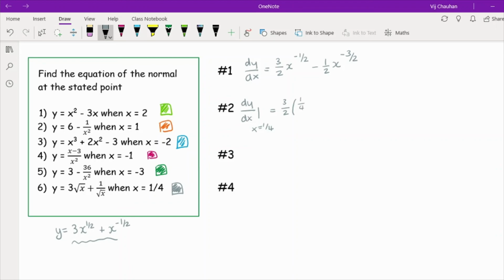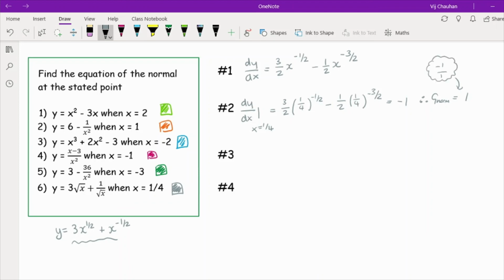I'm just going to go straight into substituting into the fraction, and again making good use of brackets, because remember it's only the quarter that's being raised to the power of minus 3 over 2. That should give me minus 1, which means the gradient of the normal is going to be positive 1, and that's from minus 1 over 1.